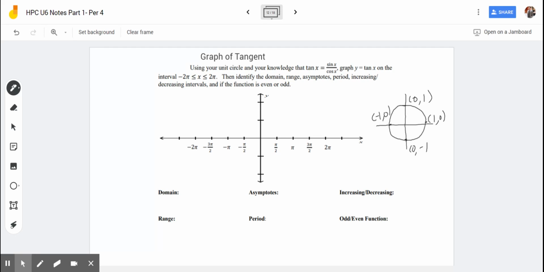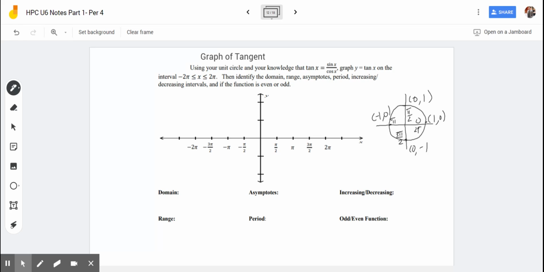All right, we know that this is going to be 0, pi over 2, pi, 3 pi over 2, and then 2 pi as well.